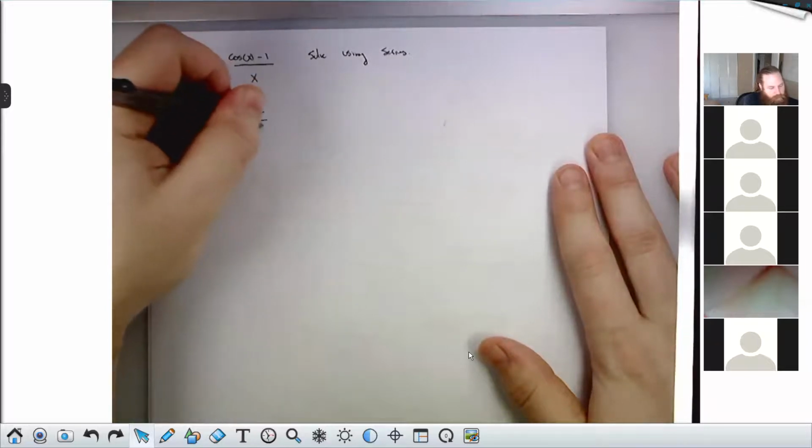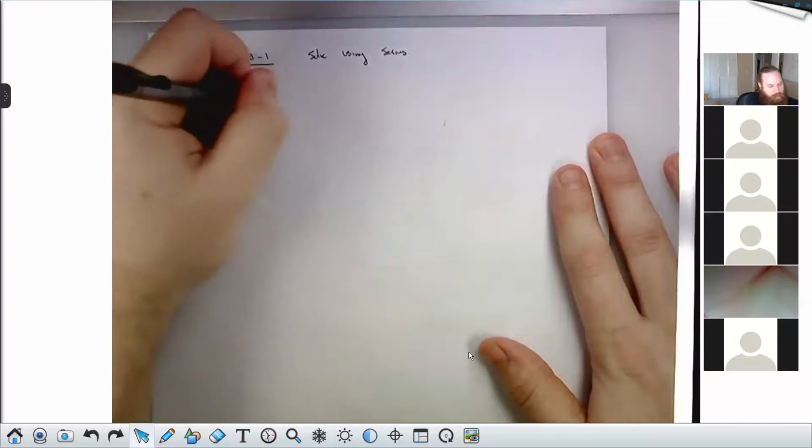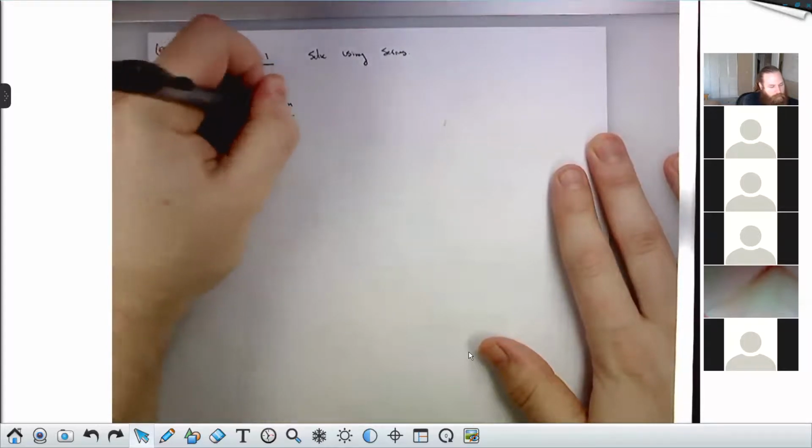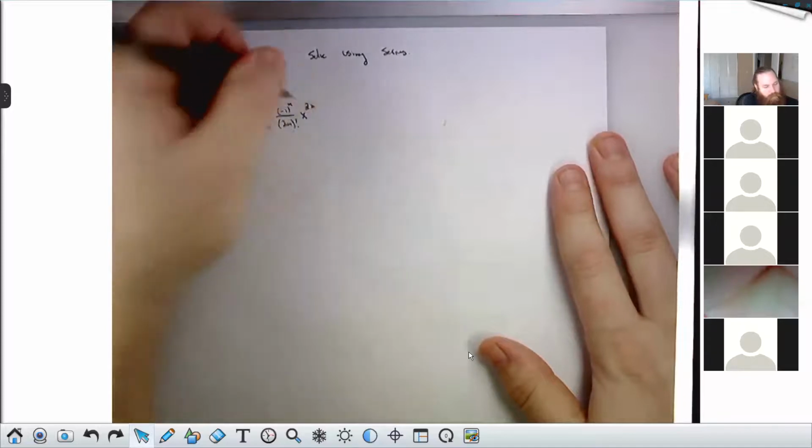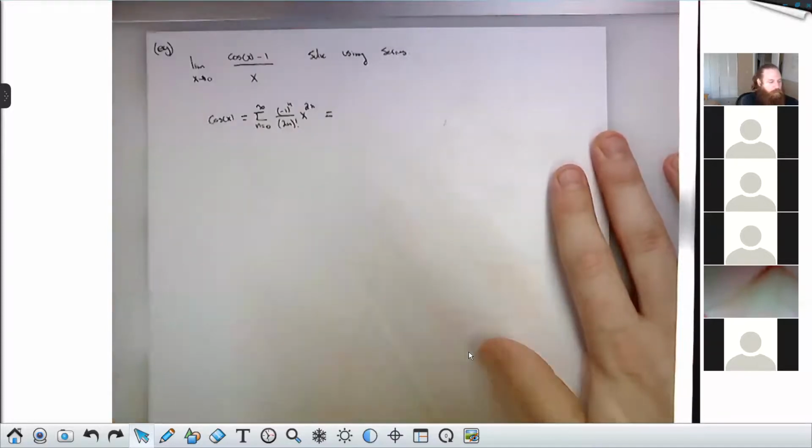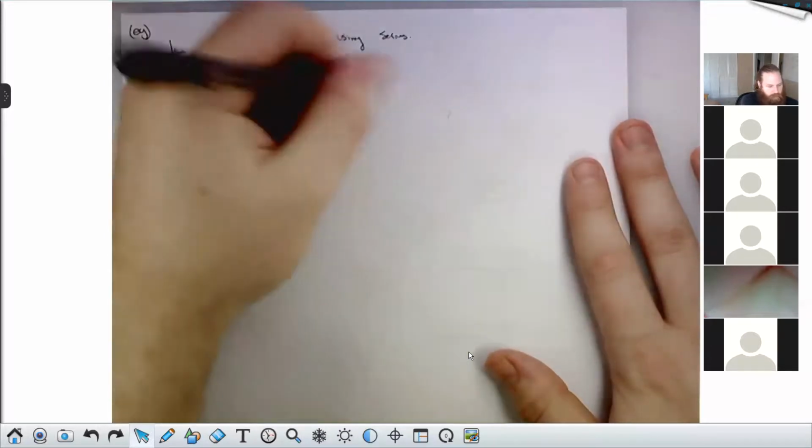Cos x is sigma n from 0 to infinity, negative 1 to the n over 2n factorial x to the 2n. And here I would write this out. When n is 0, you get 1.